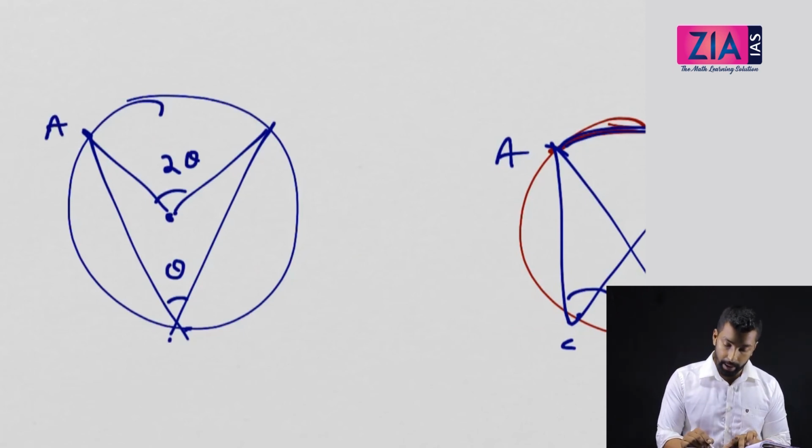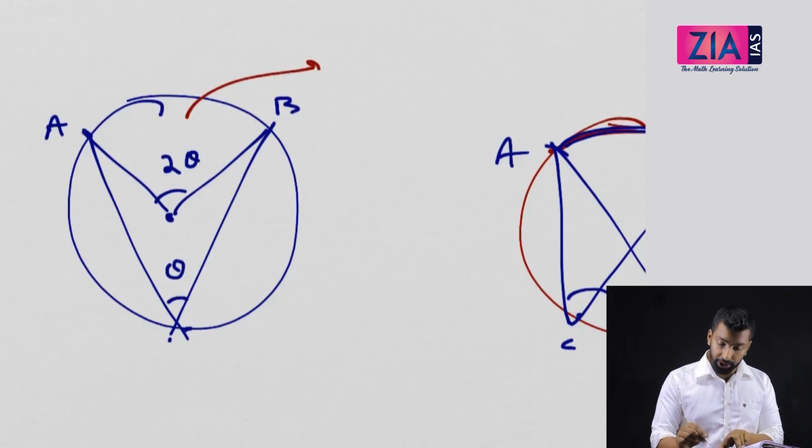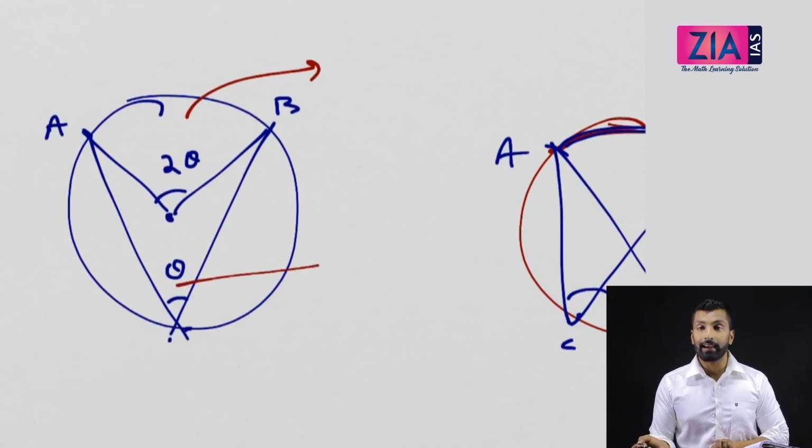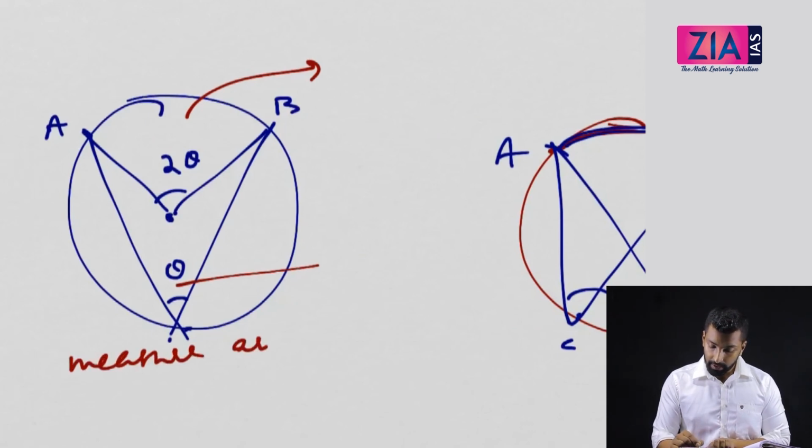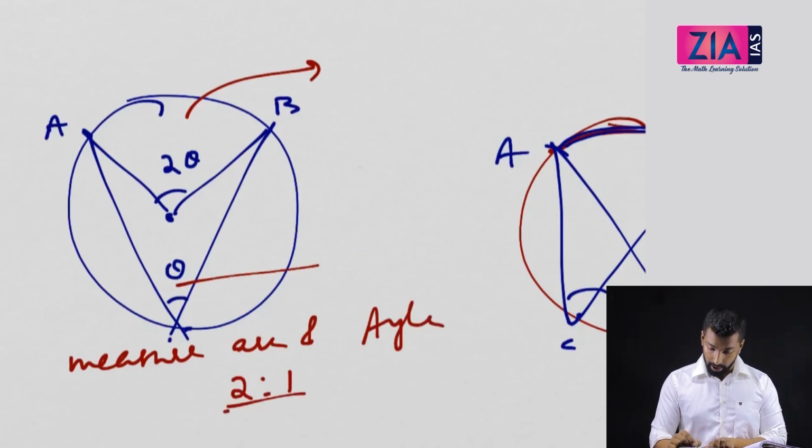AB is the minor arc, and we call this portion the measure of the arc, and this is the angle inscribed in the arc. So what is the ratio of the measure of the arc to the angle inscribed? The ratio is 2:1. So if one is theta, the other is 2 theta.